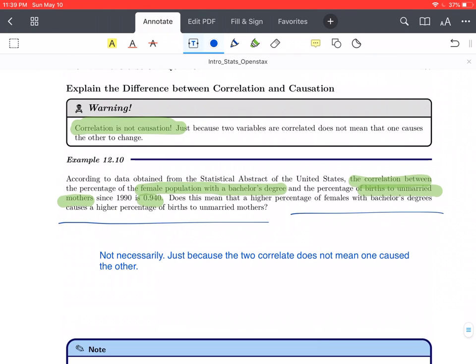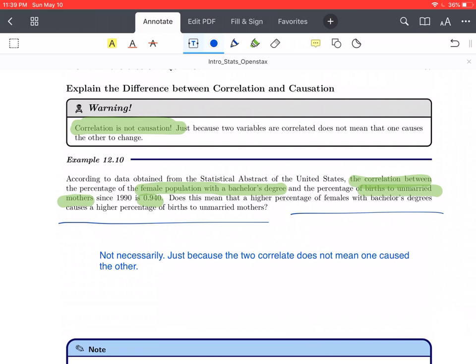And even just running statistical tests, this is where you get a lot of false and faulty claims based on data. They say, look, the data says this, therefore this caused this. The data is not able to create causation. So if somebody's ever trying to say this data explains why this causes this, that's not the case. It just means that the two are related, possibly. They correlate to each other.